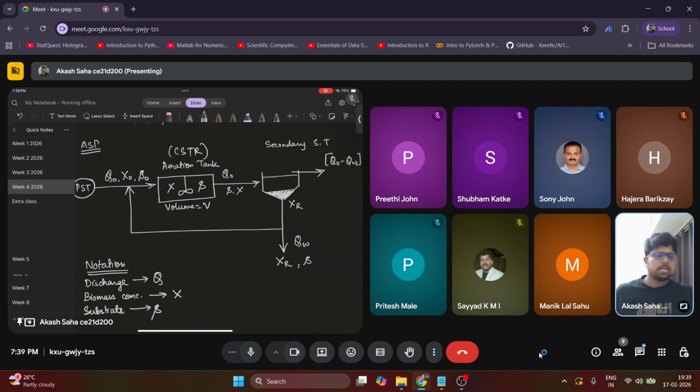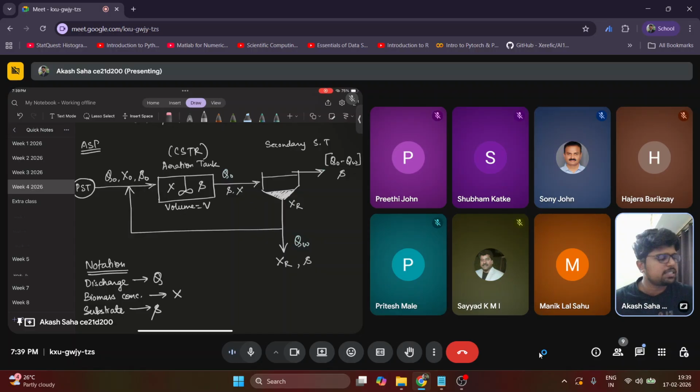Now all this time there will be no change in S, because nothing is happening to S. No one is taking up that substrate, and all the degradation has already happened in the aeration tank. For the BOD, all the degradation has happened in the aeration tank. So that's why that same S will be flowing throughout.